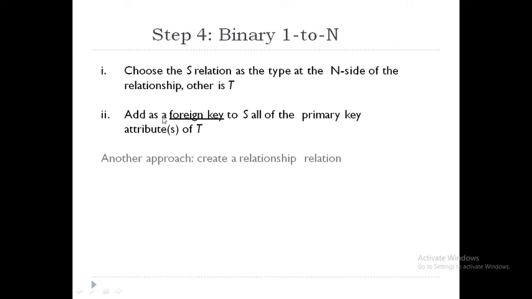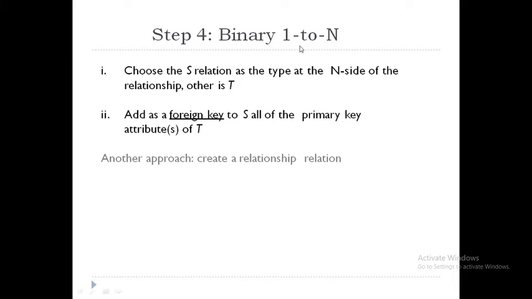Now add as a foreign key to S all of the primary key attributes of T. Again here we are using the foreign key approach. We can also use relationship relation, but the appropriate method is foreign key approach.